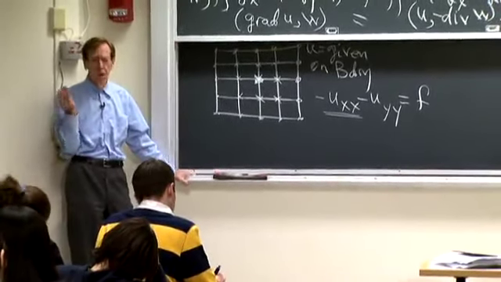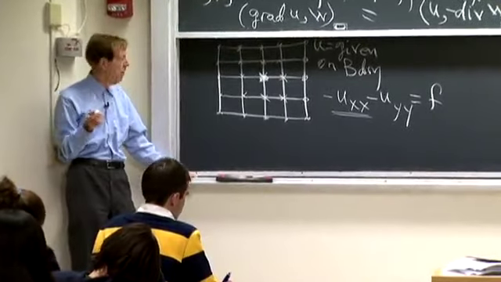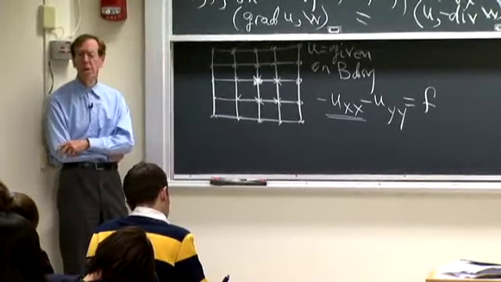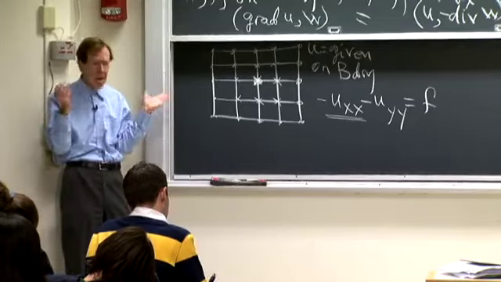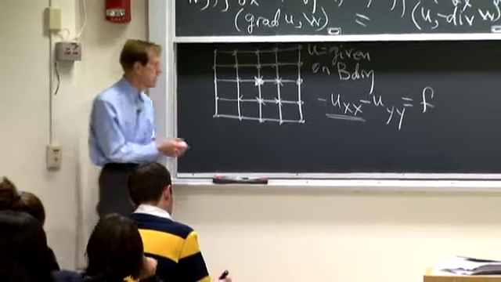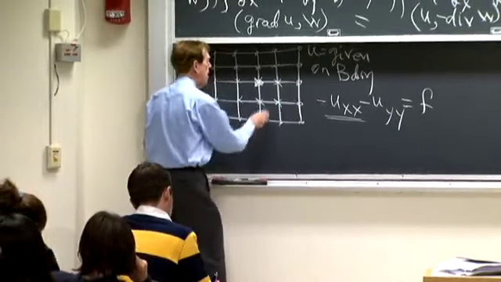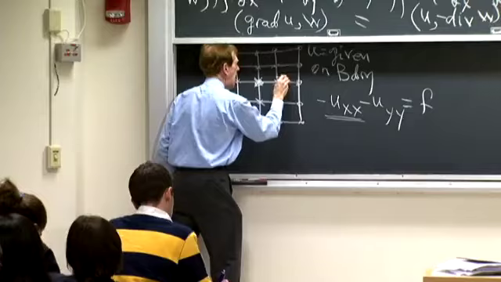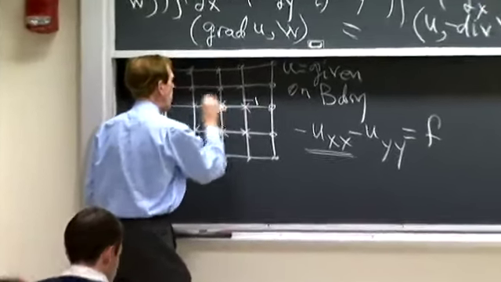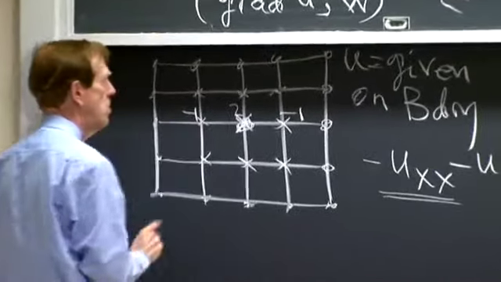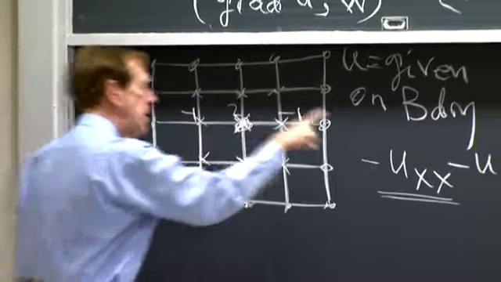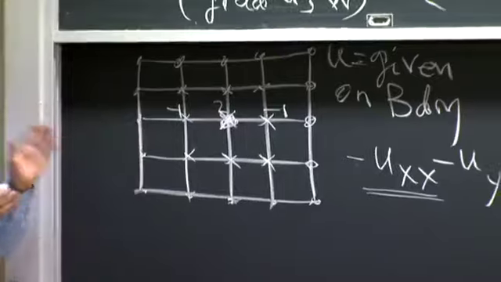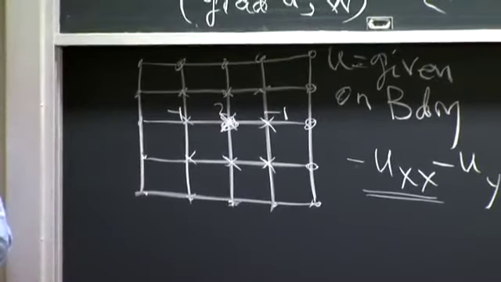What's the totally natural replacement of minus uxx? Second differences. With the minus sign, the second difference around this point will be a minus 1 of theirs, 2 of those, a minus 1 of those. That second difference in the x direction is my approximation.